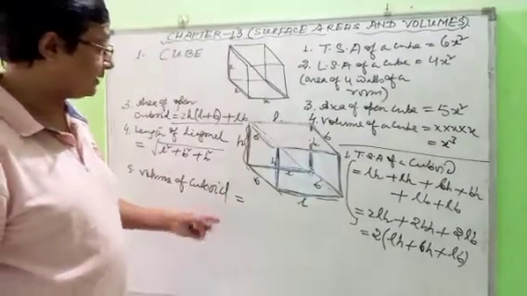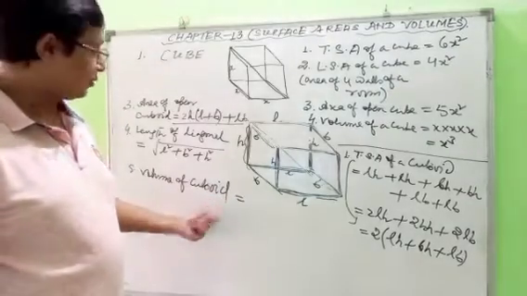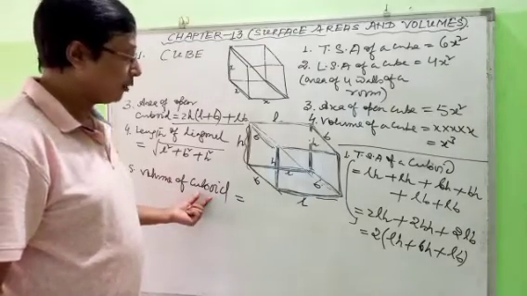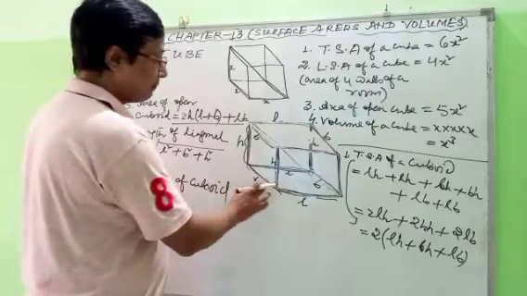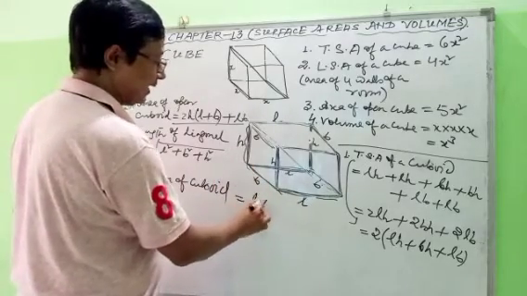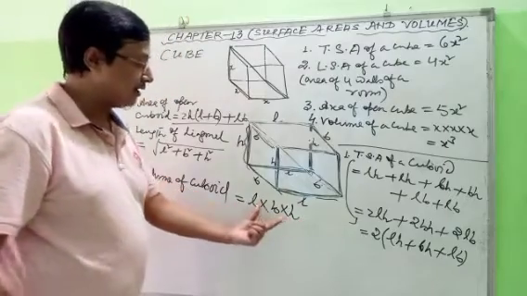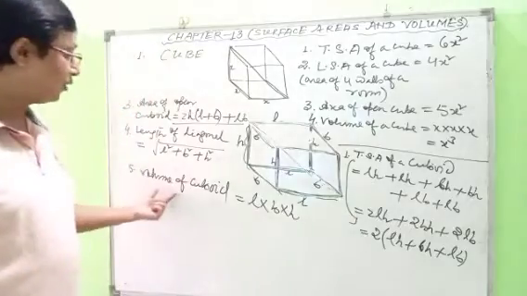As I have told you, it is the amount of space occupied by a container. So that is why, to get the volume of the cuboid, you are going to multiply the 3 dimensions. So length, breadth into height. So L into B into H. If you multiply these 3 dimensions, you will get the volume of the cuboid.